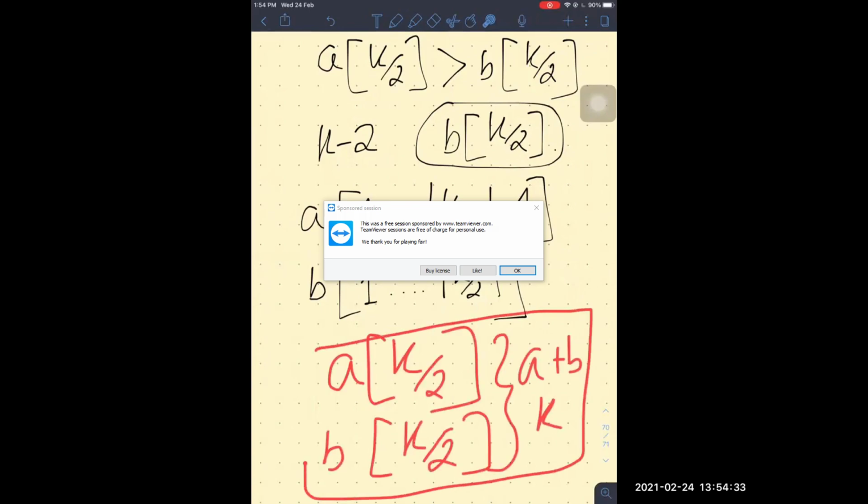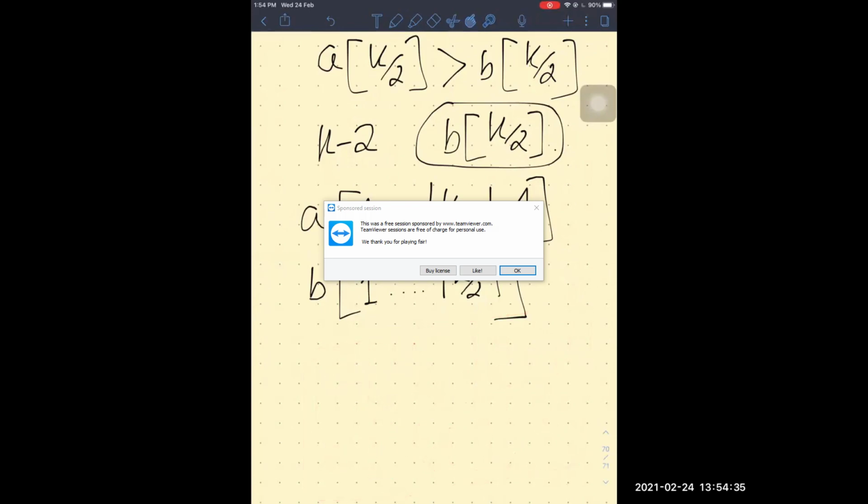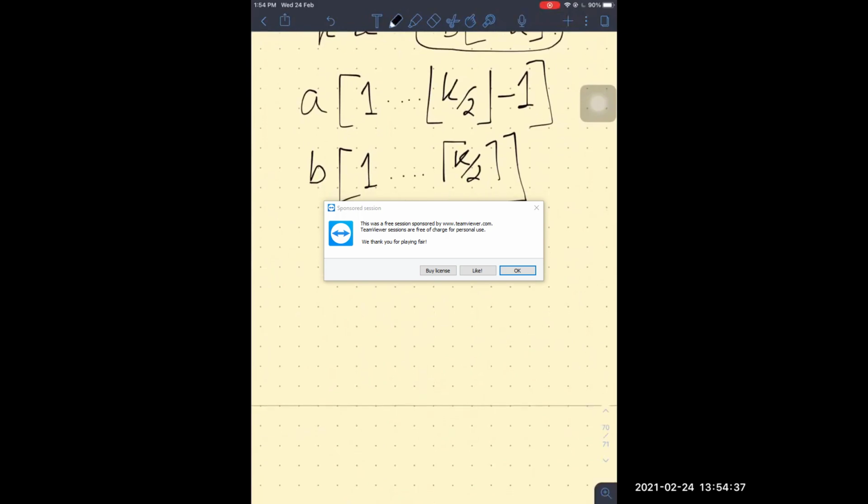So if they are equal, then S_k will be the element at A[k/2]. Is it clear? The case for if they are equal? I believe so. Okay. Any question? If they are equal, then how are we getting the k smallest element?